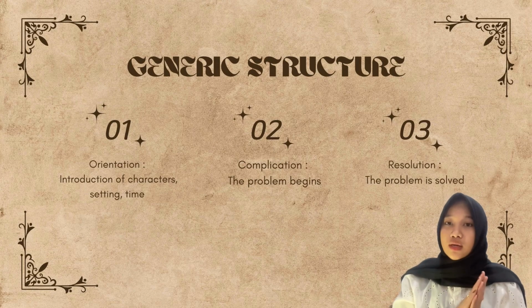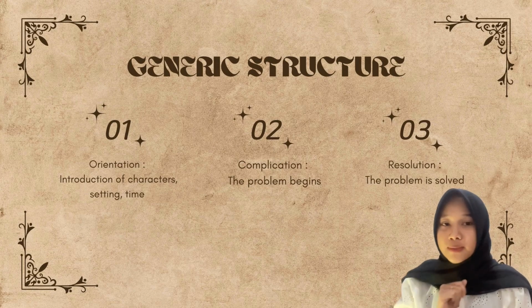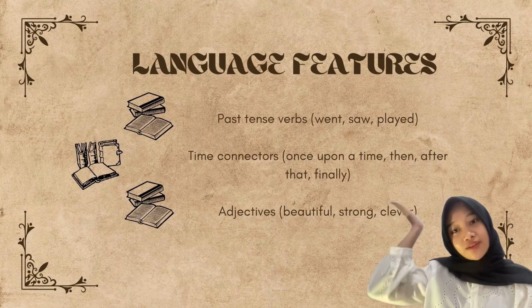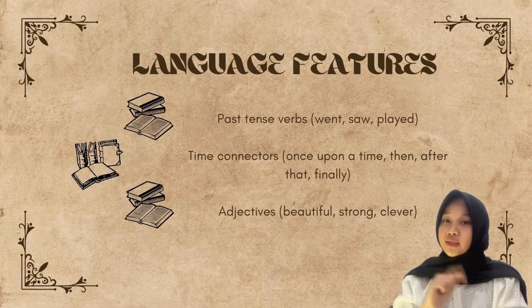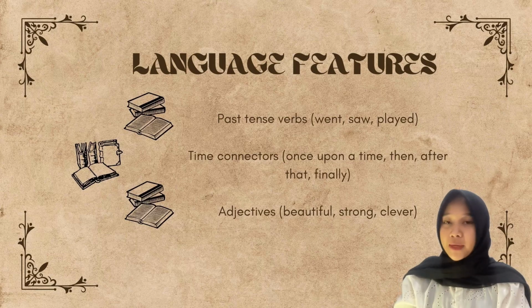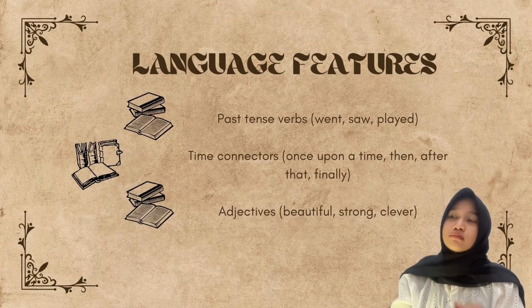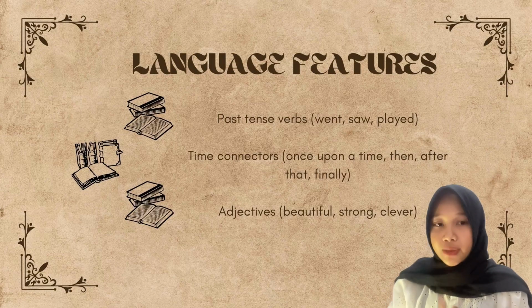Next is about language features. Narrative texts use past tense verbs such as went, saw, or played.